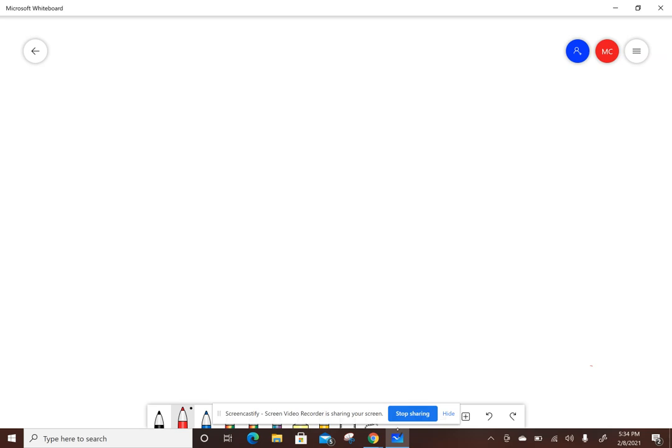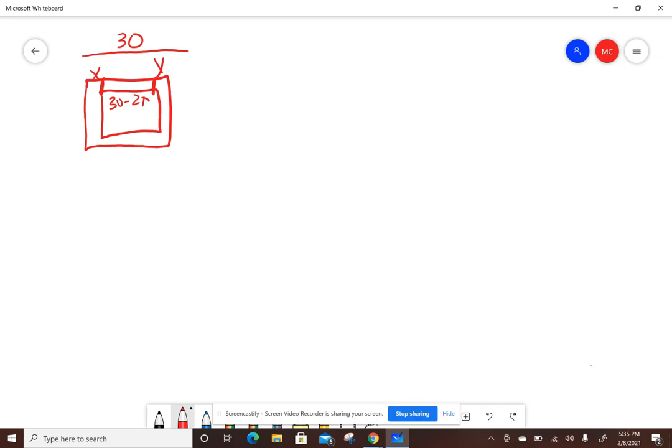Now, the difference between this one and the other one is the walkway is on both sides. So from there to there, it's x. From there to there, it's x. And the whole thing is 30. So that means this side is 30 minus 2x. And this side would be 22 minus 2x. So that is the difference between the two.